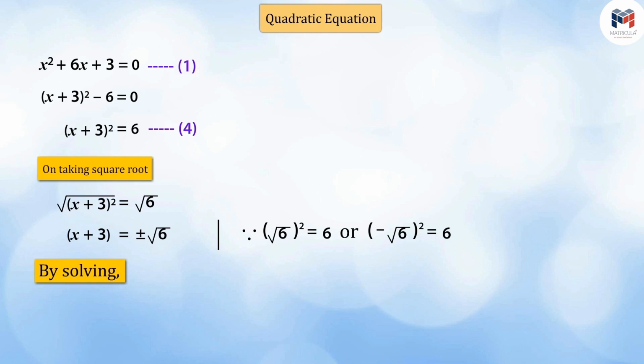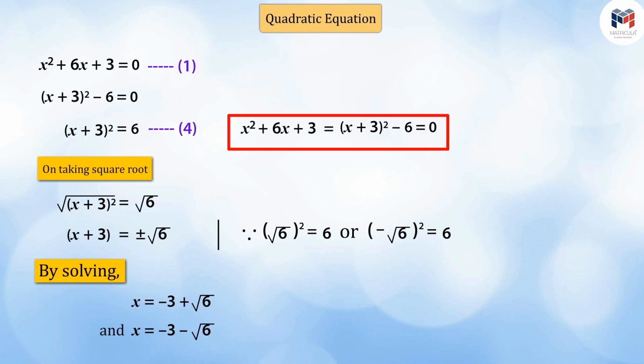Therefore, on solving, x is equal to minus 3 plus square root of 6, and x is also equal to minus 3 minus square root of 6. Thus, we have found the roots of the given quadratic equation by expressing it in the form x plus 3 the whole square minus 6 equal to 0.